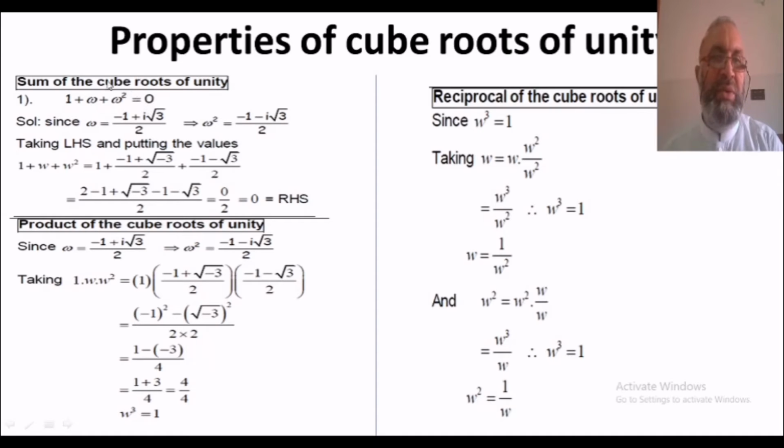Similarly, if we change into omega, we write 1 plus omega square is equal to, transforming omega to the right side, minus omega. So we get three results. First result, the sum of the three roots is equal to 0. Second result, 1 plus omega is equal to minus omega square. Third result, 1 plus omega square is equal to minus omega. Applying these three properties, we will prove the exercise.